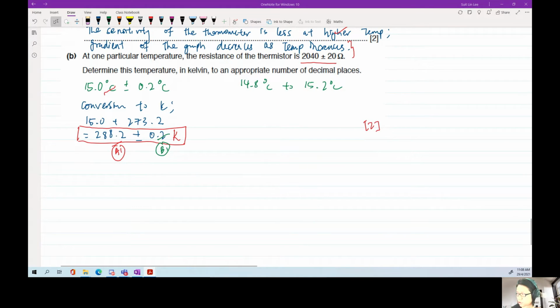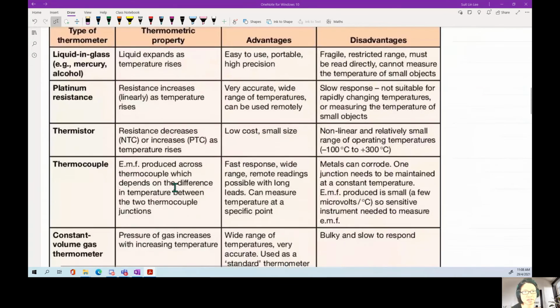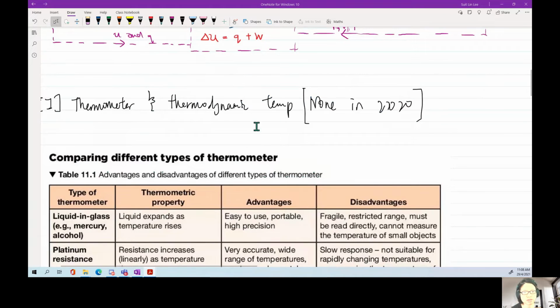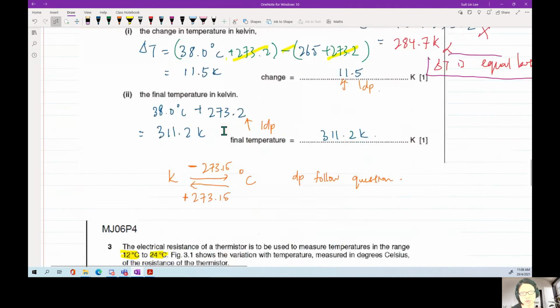Not very popular. Let's move on to slightly more popular territory, but also didn't come out in 2020. So the first idea here is temperature, okay, and thermometer and thermodynamic temperature.